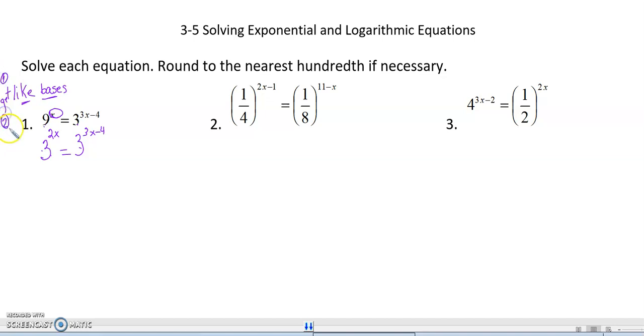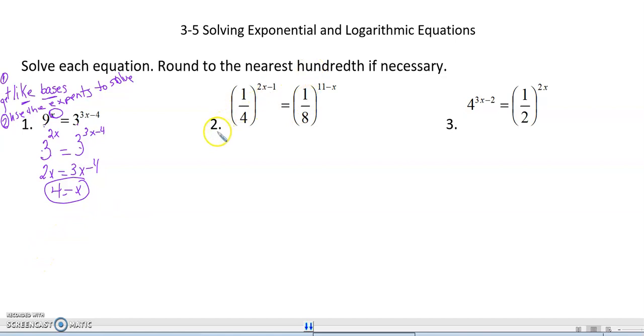The second step would be to use the exponents to solve. So we're just going to take the exponents and put them equal to each other, and we're going to solve for x. Okay? So in this case, x is 4.